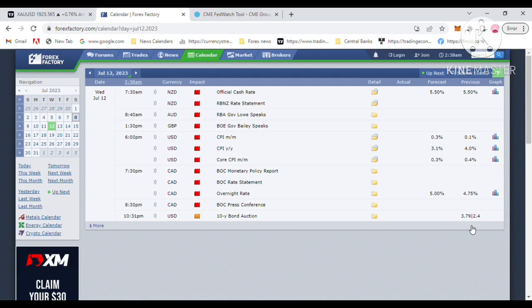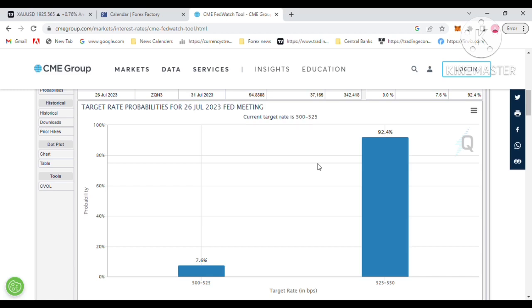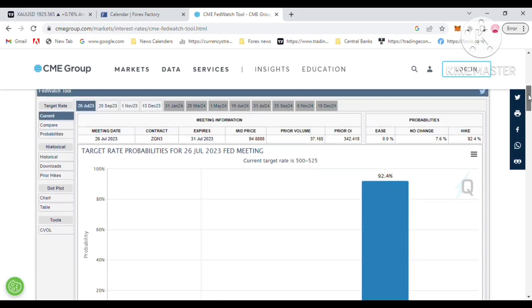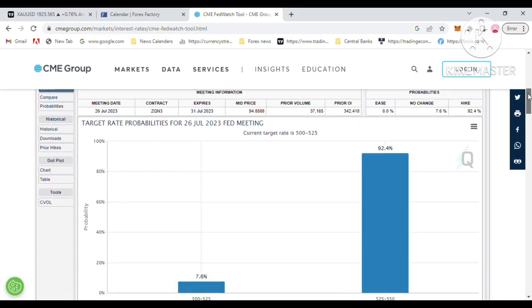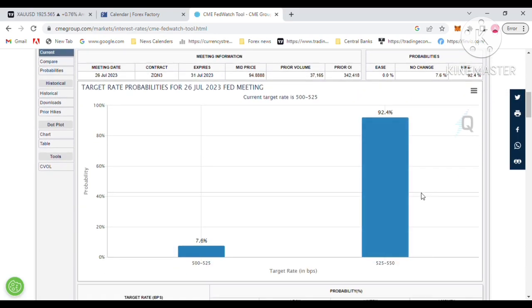I have moved to the FedWatch Tool website, which is more important. The next FOMC meeting is on July 26. On the FedWatch Tool website, you can see almost a 92% probability of a 25 bps interest rate hike.